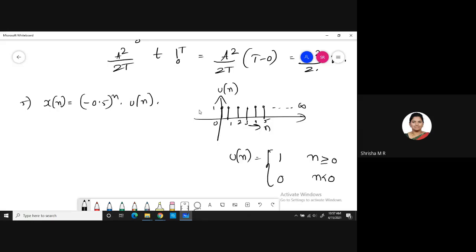It is not present for negative values of n, only for positive values, if you have u of n or u of t in your question. Now we have to plot this signal x of n equal to (minus 0.5) to the power of n into u of n.